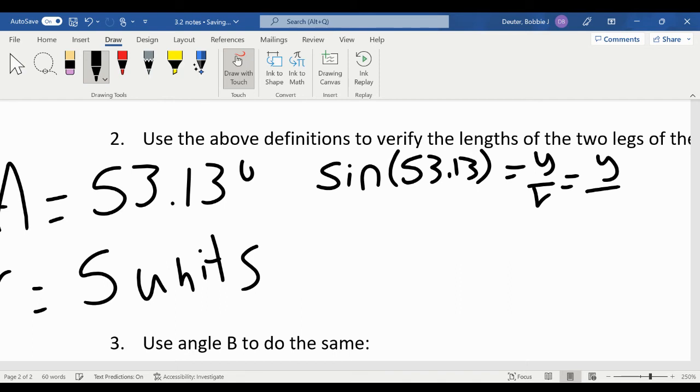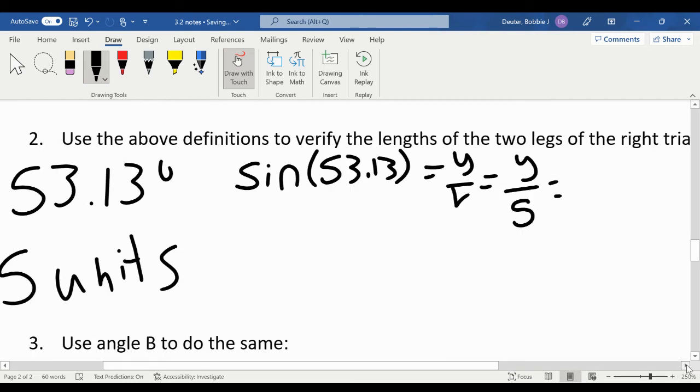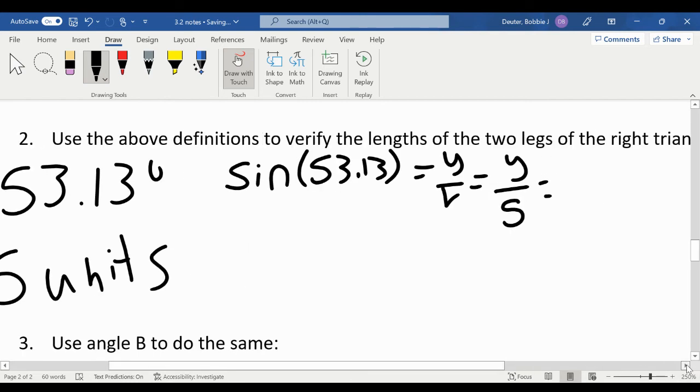We don't know what our y value is, but we know our r is 5 units. When we solve for that, we can see that our y is equal to 3.9999, and it's repeating. So we'll call it 4 units.